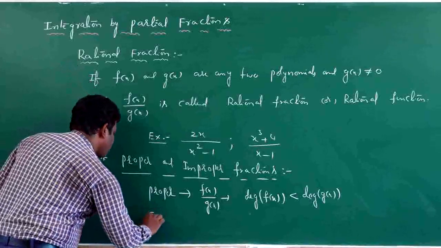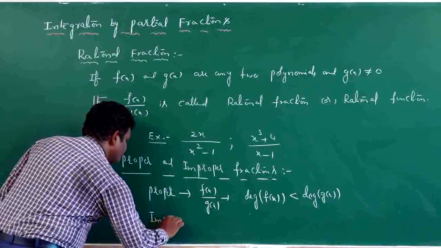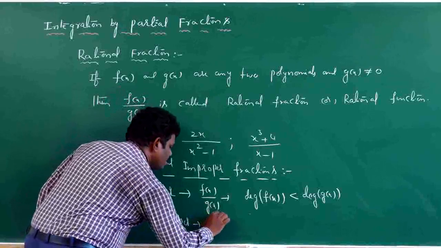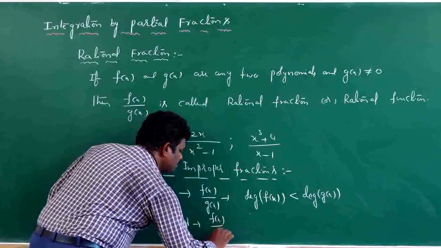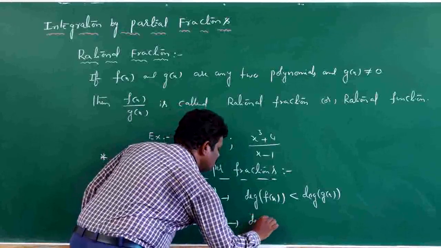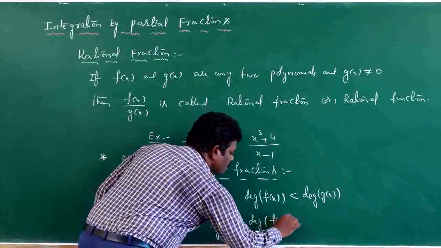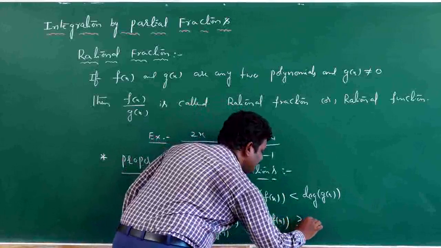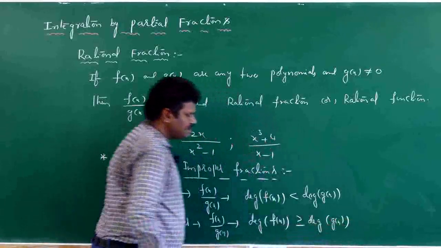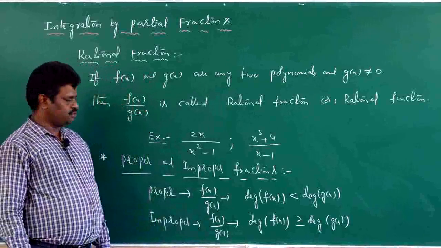Otherwise it is improper. Then f of x by g of x is said to be improper when the degree of f of x is greater than or equal to the degree of g of x.